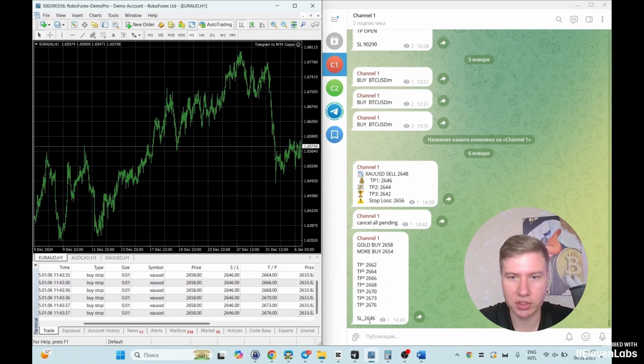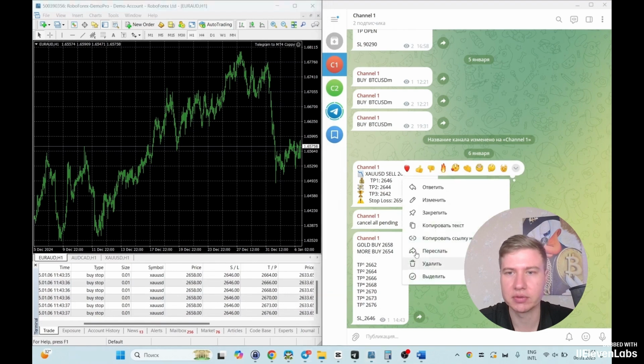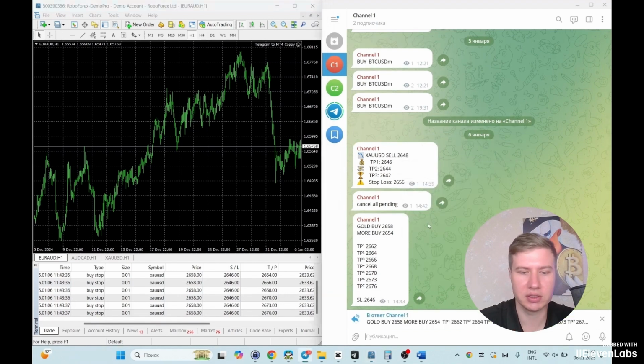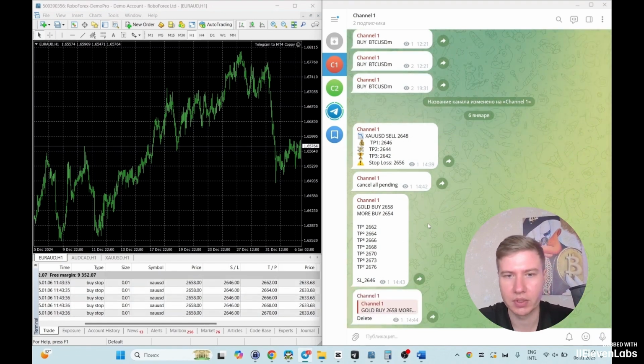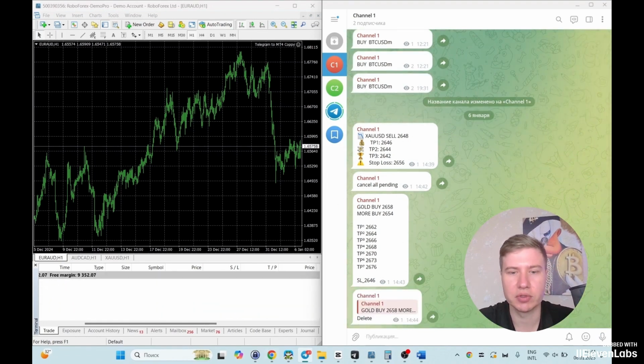The stop loss is correct at 2,646. The opening price 58 is also correct, and take profits 62, 64, 68, 70, 73, 76. Everything opened correctly. Let's delete it. The order is deleted instantly.